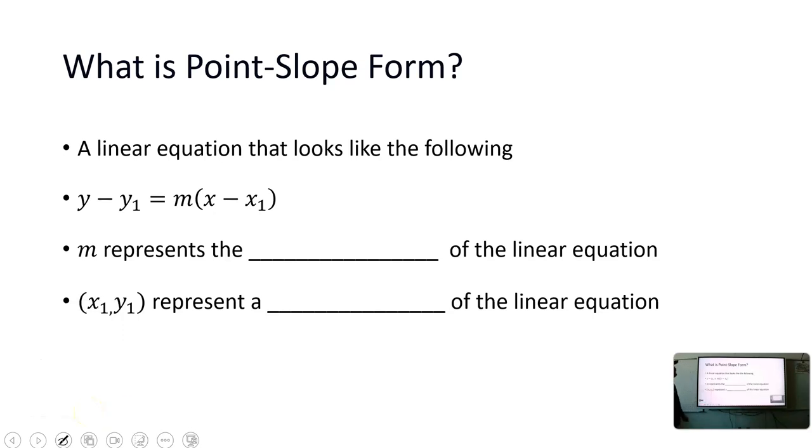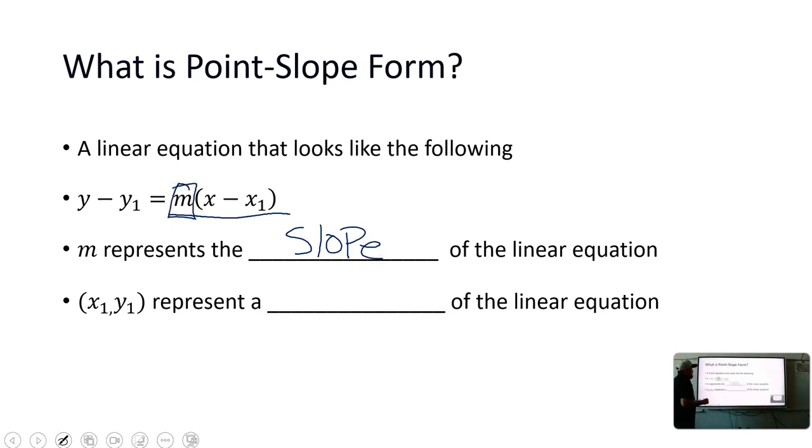All right, so a linear equation that looks like the following. So we have y minus y1 equals m times x minus x1. Once again, the m will represent the slope of the linear equation. Your m is the slope.